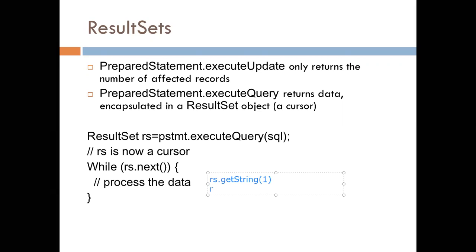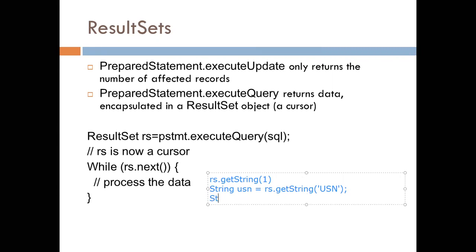Most probably the methodology we follow is to write getString, and since I know the attribute name is USN, instead of specifying the number I will specify USN. So I write String usn is equal to this. In the programming language, I have extracted the USN of a student and stored it in a temporary variable.